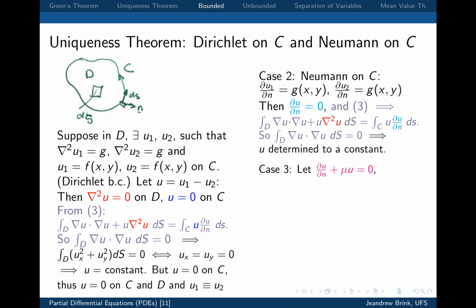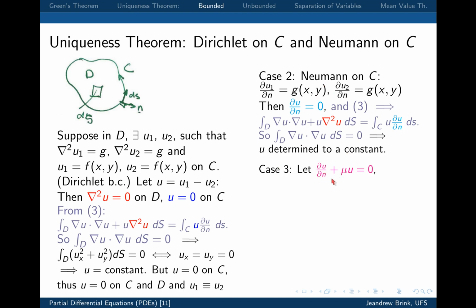You would say the larger the velocity of the liquid is, the faster it flows. Okay, so that would be an example where you use a boundary condition like that. They call it a Robin boundary condition. Okay, I didn't write that down, but that's what it is, and it's just the final type. So you either specify the function, which is Dirichlet, or its derivative, which is Neumann, or a linear combination of the two, which is Robin.